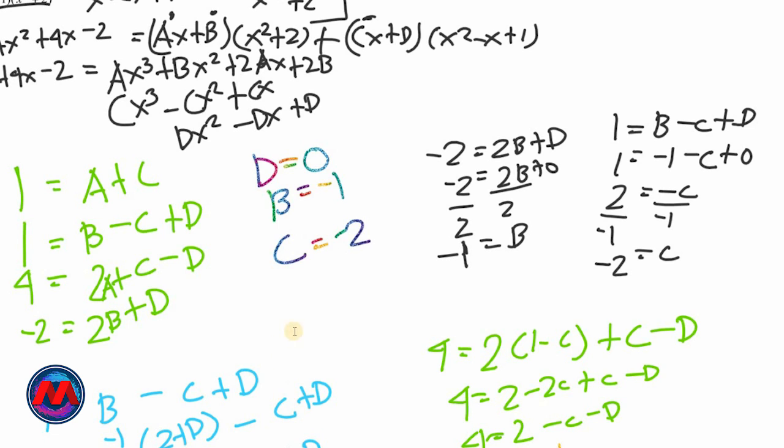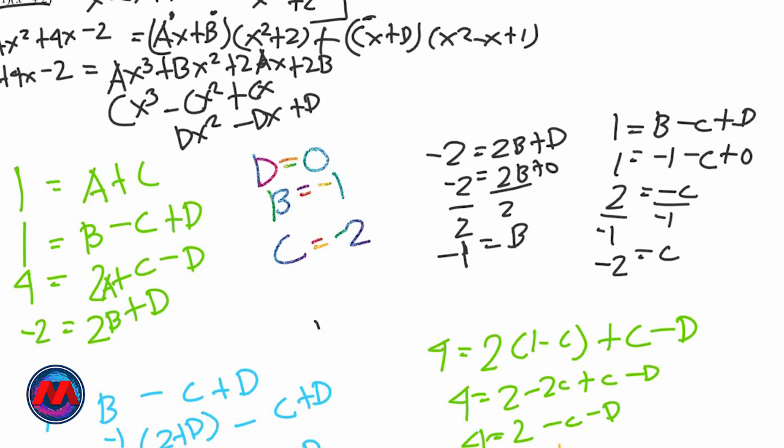Galing! Alright, last. Since alam natin yung value ng c, pwede nating mahanap yung value ng a. So, para mahanap yan, susolve natin ulit. Okay, wala tayong space. Meron pala. Maghanap tayo ng space. Alright, dito.